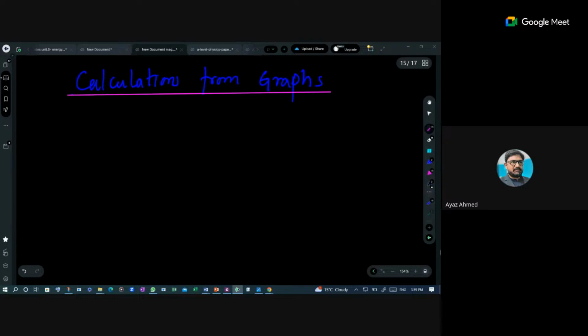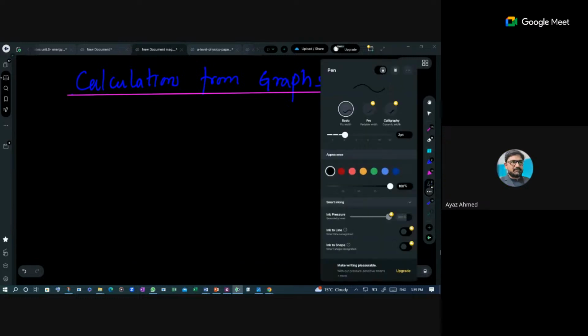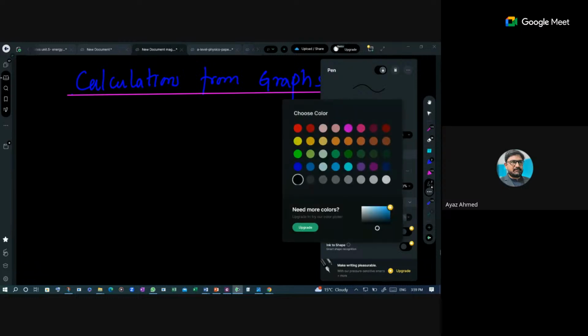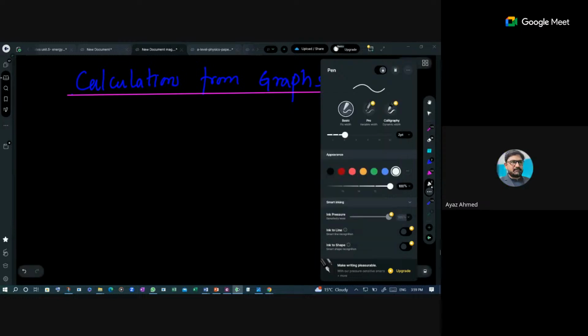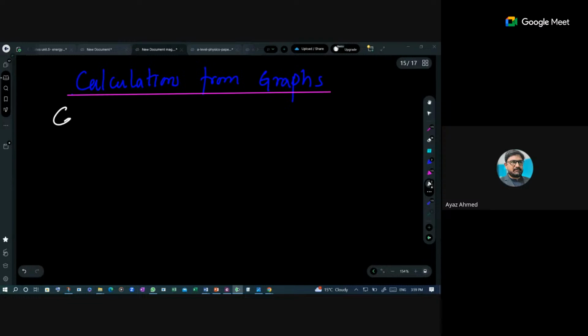There are two types of calculations. Calculation number one is the calculation of its gradient, and the second is the calculation of its area. So first we can calculate the gradient of the graph.